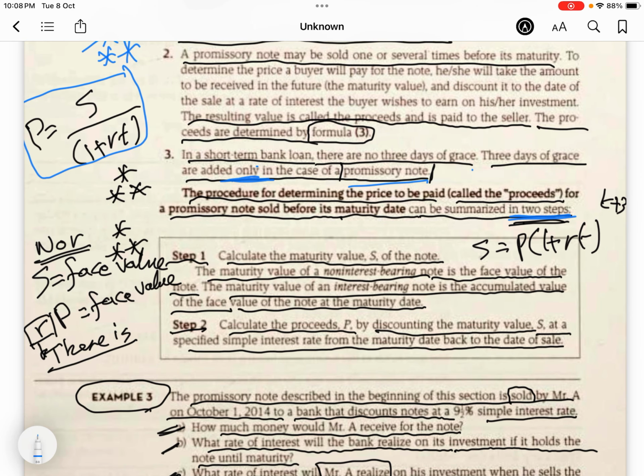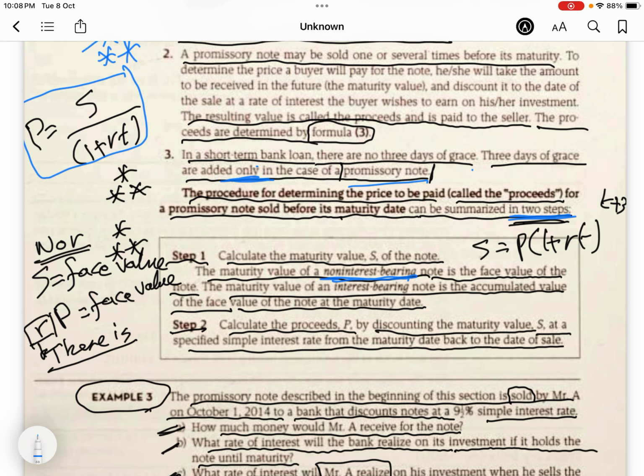Step 1. Calculate the maturity value S of the note. For a non-interest bearing note, the interest rate does not exist, so the face value of the note will be the maturity value.